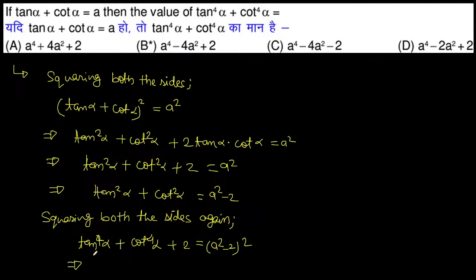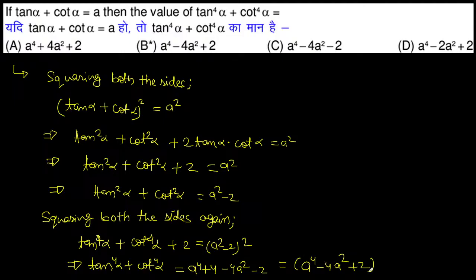Further going, tan to the power of 4 alpha plus cot to the power of 4 alpha is equal to a to the power of 4 plus 4 minus 4a square minus 2, which is further a to the power 4 minus 4a square plus 2. You see the option B is correct.